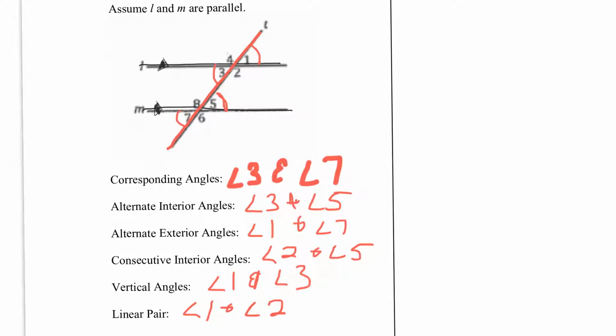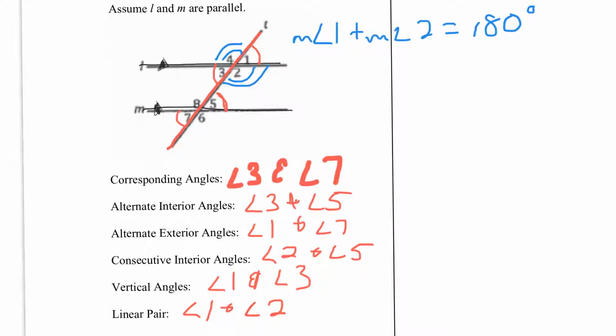Facts about linear pairs. Linear pairs are always supplementary. When you add up the angles, it always adds up to 180. So let's assume that angle 2 is different from angle 1. So from this, we could say that angle 1 plus the measure of angle 2 equals 180. Since angles 2 and 4 are vertical angles, they're the same.